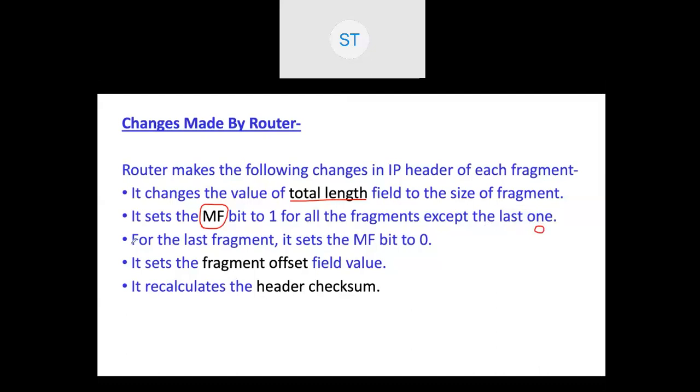It sets the offset and recalculates the header checksum. It is essential to recalculate the checksum because the header fields are changed. Got the point? Understood what exactly the router is doing if the MTU is not matching?